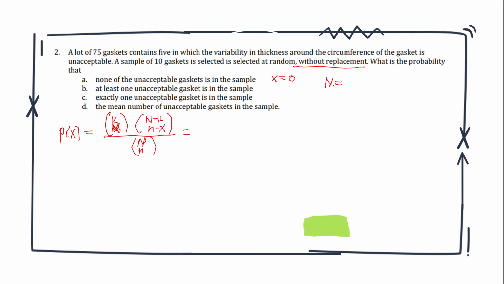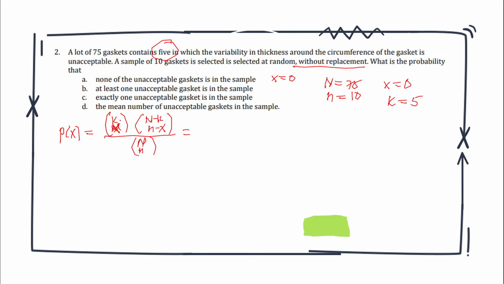Our N is equal to 75. Our n is equal to the sample, 10. Our x is equal to 0. Another one, our K is equal to 5, contains 5.